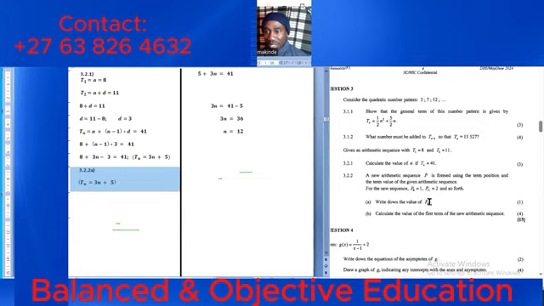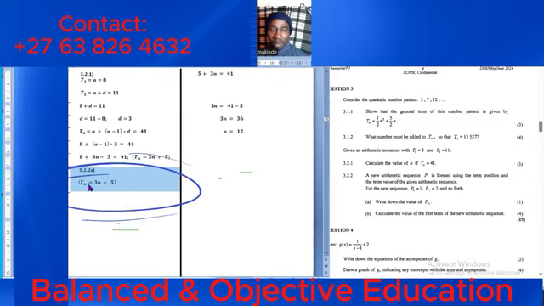It will be 12. So all you just need to do here is to substitute this 41 into the Tn expression for the original sequence. If you put 41 here and you solve for n, you will arrive at an n value of 12, which is what we have here.